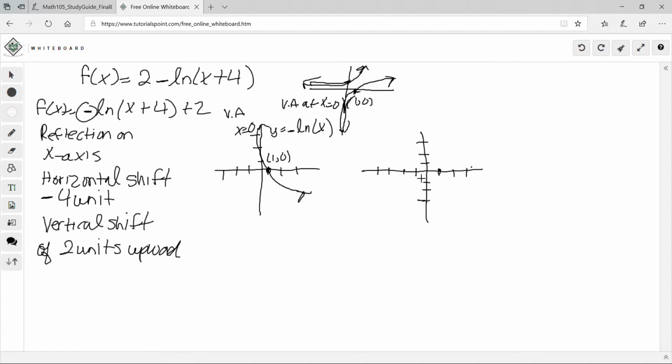So it'll be this point, right? So this is going to be negative 3 comma 0. And then we have a vertical asymptote at x equals negative 4. Now, remember, it's always 1 less from the x value. So 1 less from negative 3 is x equals negative 4.